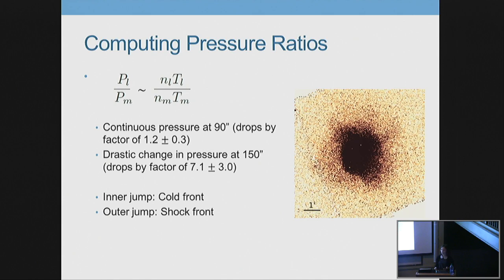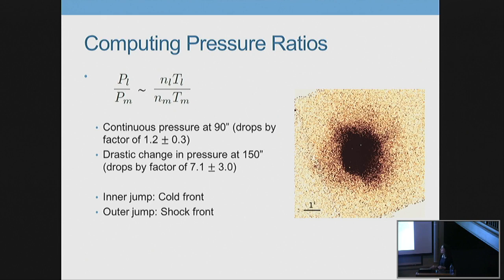First, based on our densities, our temperatures, and the pressures, going from a low temperature to a high temperature and having a fairly continuous pressure, we can conclude that there is a cold front located here. And then going from high temperature to low temperature with a big drop in pressure, we're able to conclude that we have a shock front here.